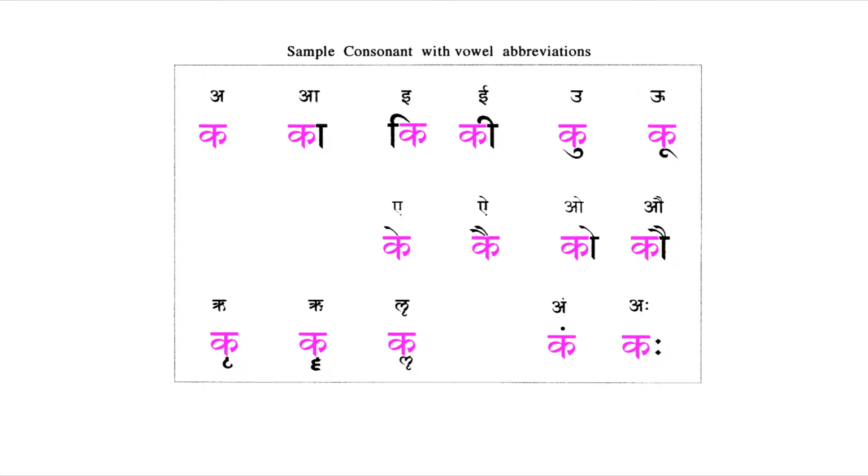U, underneath ku. U, you can see it in black underneath the letter k by a stroke moving to the left. Uu, kuu. Underneath the letter k, the symbol of uu, a loop moving to the right.